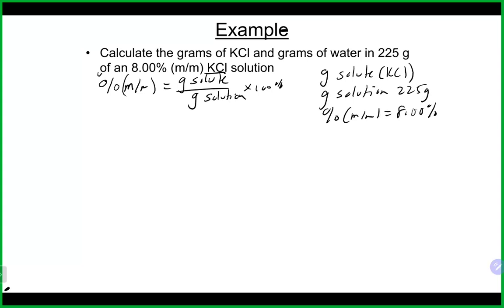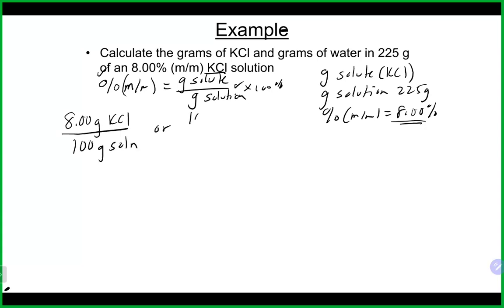So you have this, and you could plug and chug into that equation if you like. Or you could take a more dimensional analysis approach if you don't want to rearrange the equation or really even think about the equation. You could take that 8%, and that means I would have 8 grams of KCl and 100 grams of solution.